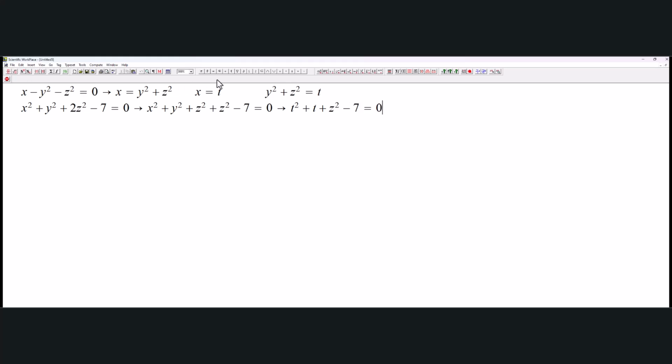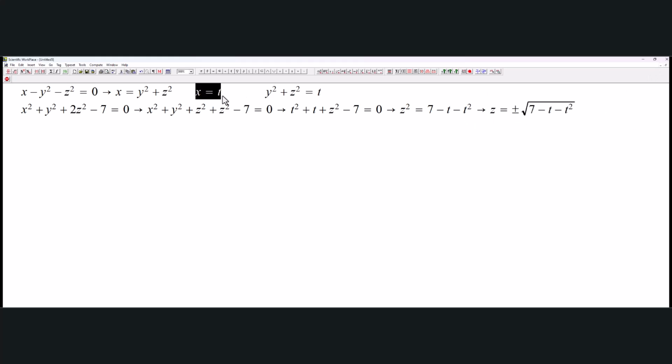So now we can go ahead and solve for z square and then for z. And let me just bring the final calculations to you. So z square is 7 minus t square. And that gives us that z is plus or minus this quantity.